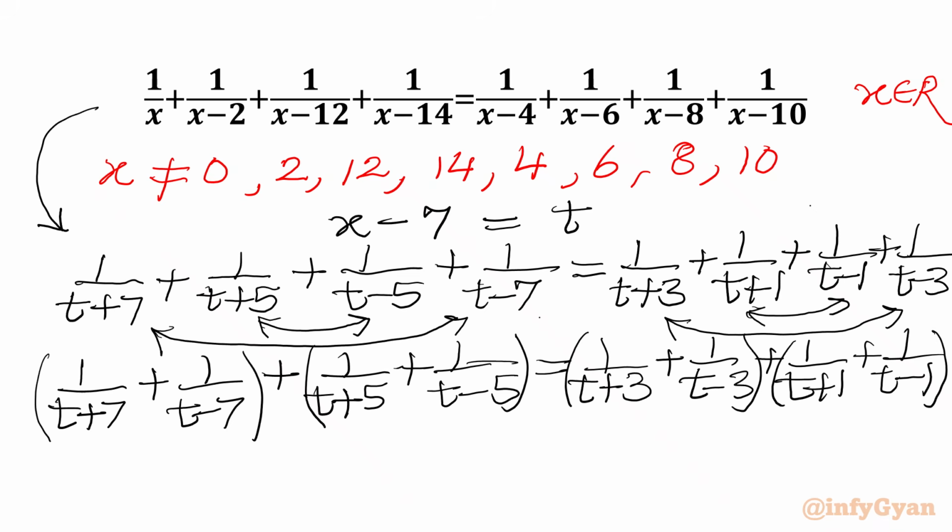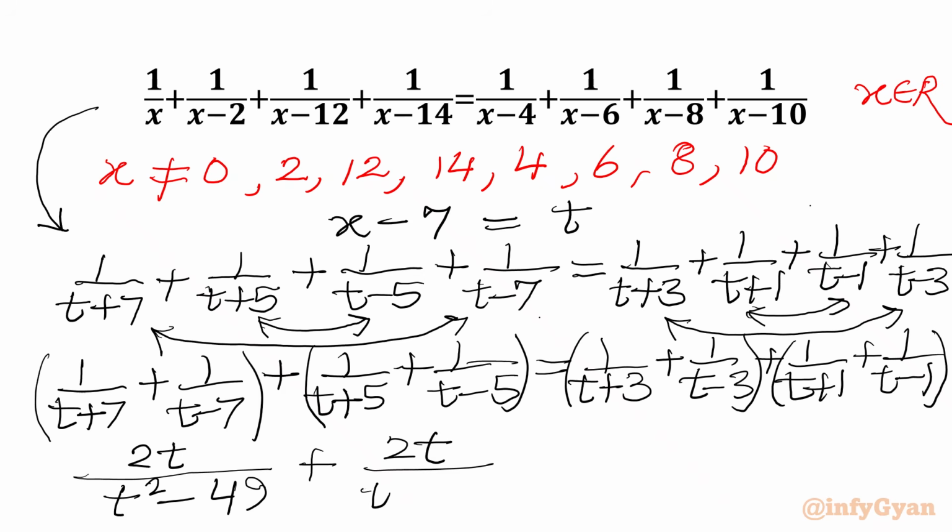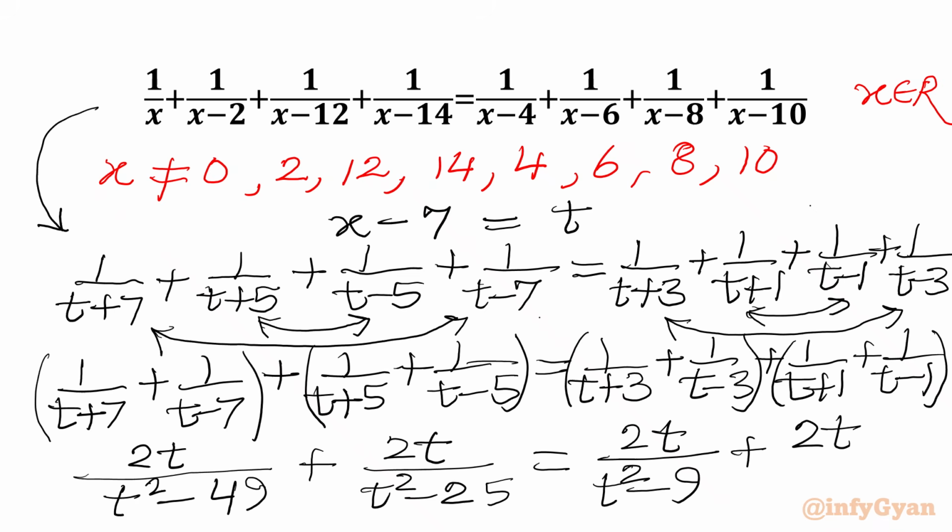So we will get t minus 7 plus t plus 7, 2t over t plus 7 times t minus 7, t square minus 49, plus 2t over t square minus 25 equal to 2t over t square minus 9 plus 2t over t square minus 1.